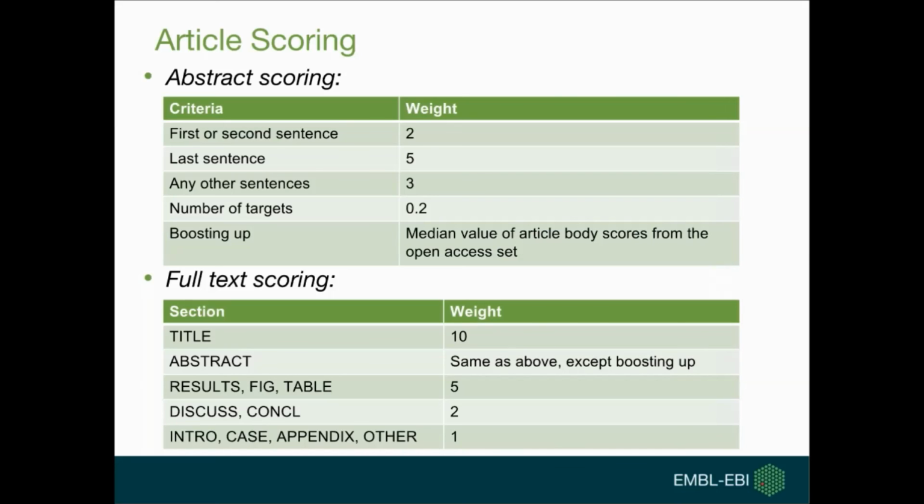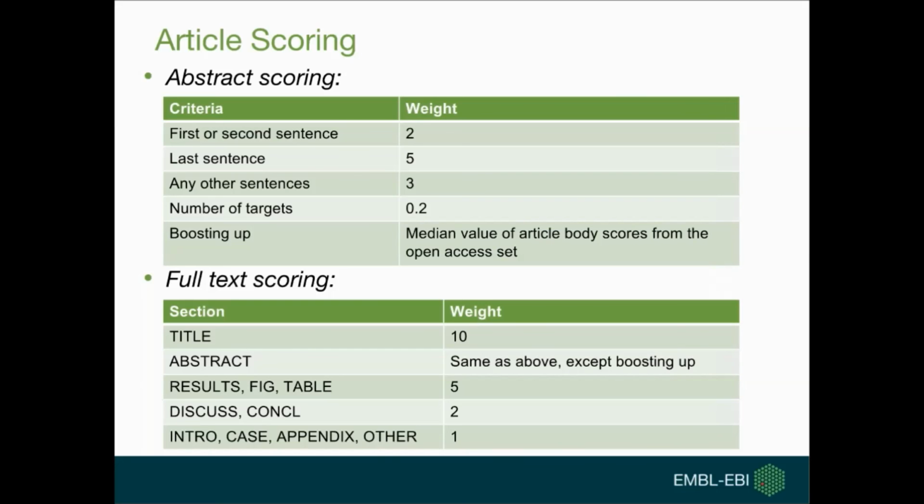For abstracts, we assigned weights according to the sentence locations. For example, by our manual analysis, we figured out that the last sentence would be a result sentence. Therefore, we assigned the result sentence the highest weight, 5.